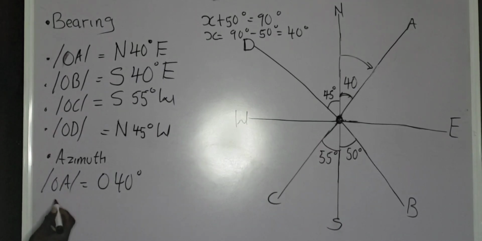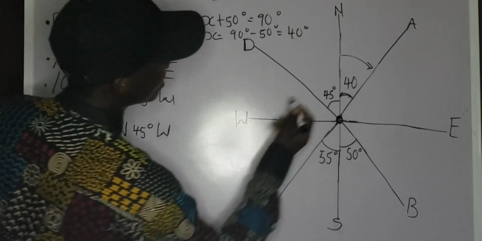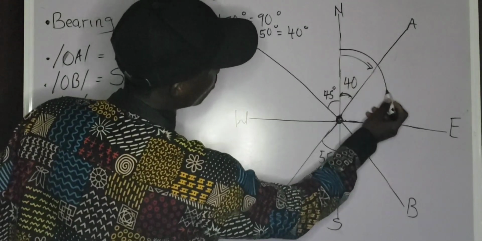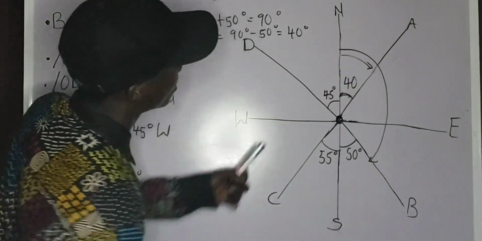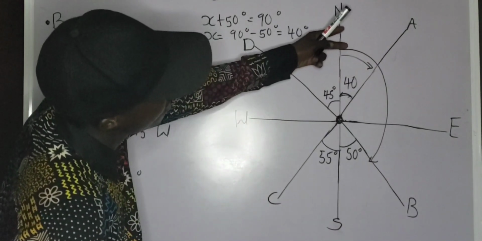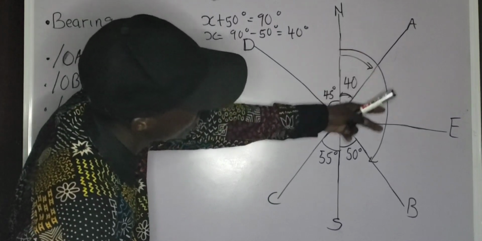Now what is the azimuth of line OB? The azimuth of line OB will be the angle that ranges from the north to the line that we are dealing with. The azimuth will be the angle from this place to this place.